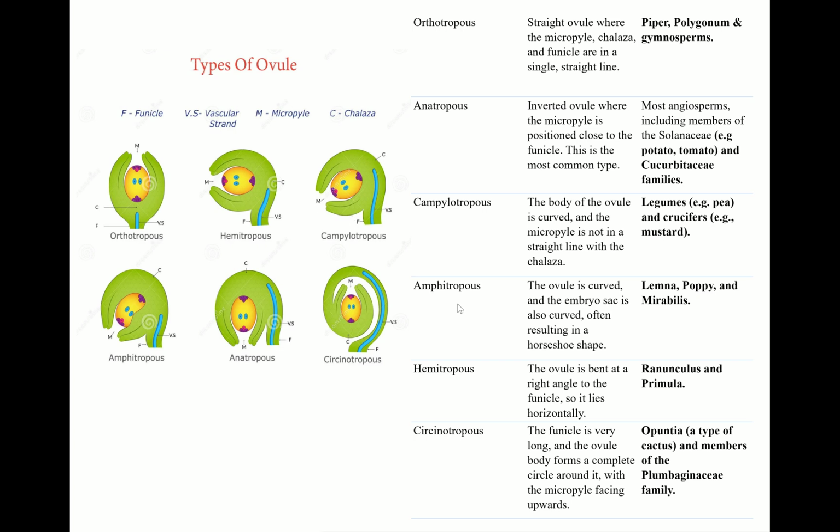Campylotropous. A campylotropous ovule means the body of the ovule is curved, and the micropyle and the funiculus are not on a straight line. The ovule is a curved structure. You can see this curve.